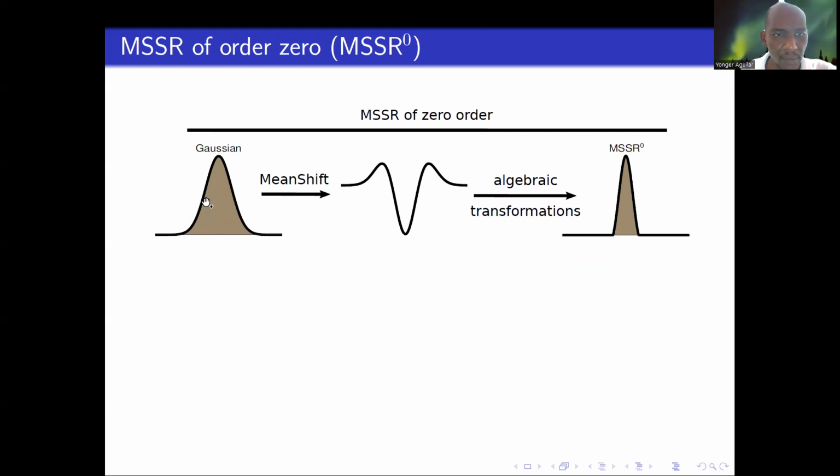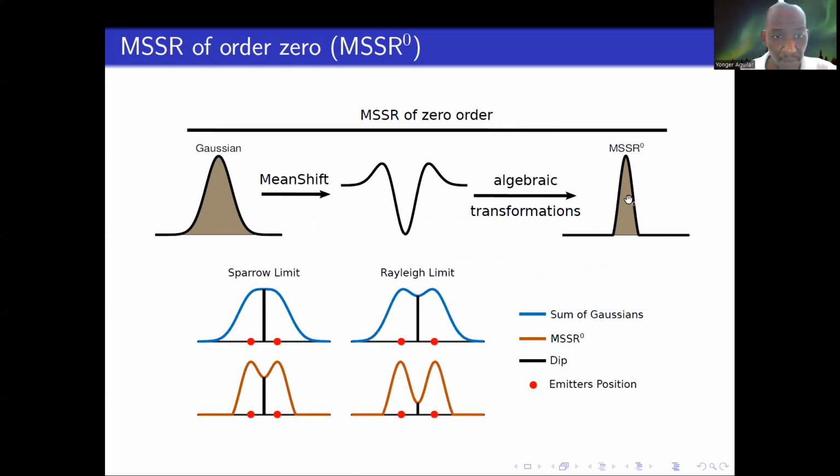Note that the full width at half maximum of the emitter is reduced with the result of MEASURE of order 0. If we apply MEASURE to Sparrow and Rayleigh limits, we can see the improvement of this distribution. Note that the height at the middle point between both emitters is reduced by application of MEASURE.